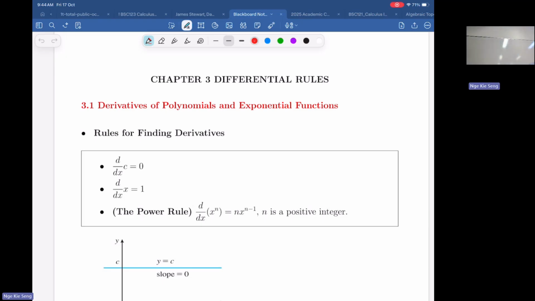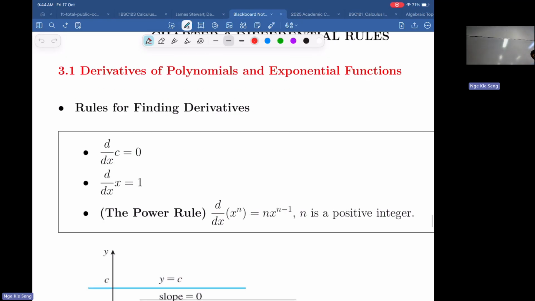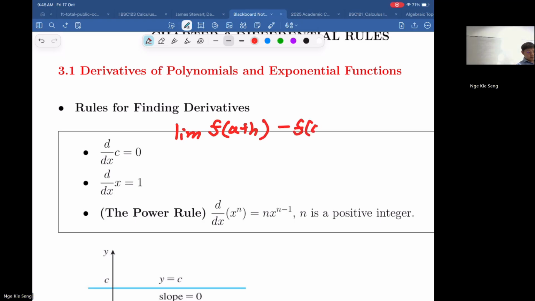Okay, so by whatever you learned just now, can you decide why d over dx of a constant function is 0? You compute the limit of the change in value over the change in x.